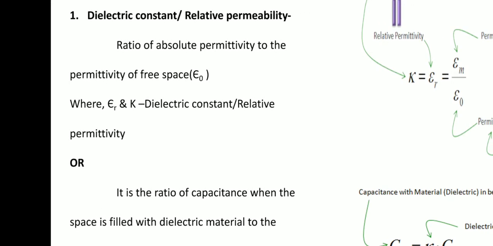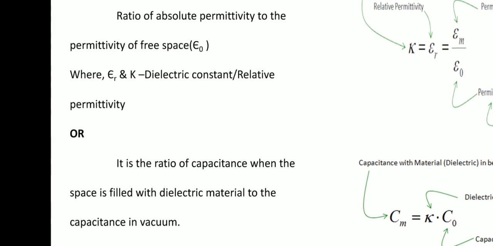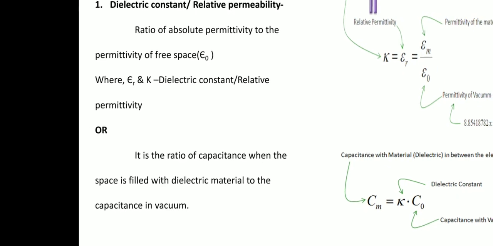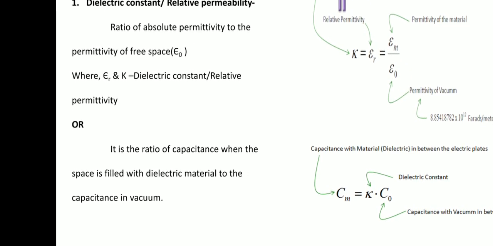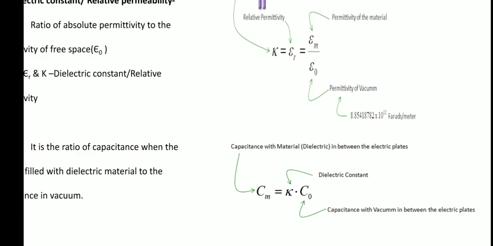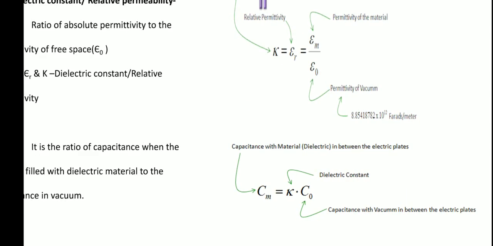One more definition is in the form of capacitance: it is the ratio of the capacitance when the space is filled with dielectric material to the capacitance in vacuum. At the right side we can see Cm is equal to K times C0.